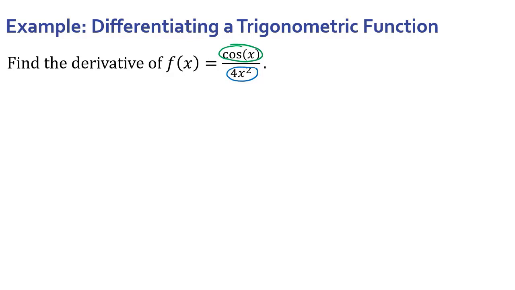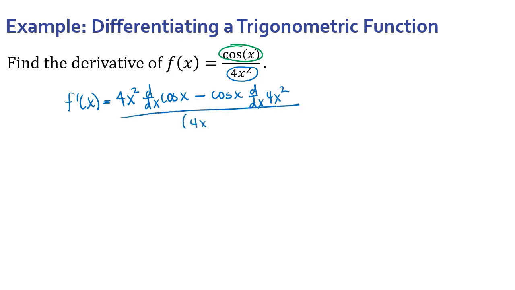So that's going to give me f prime of x equals the denominator times the derivative of the numerator minus the numerator times the derivative of the denominator, all over the denominator squared.